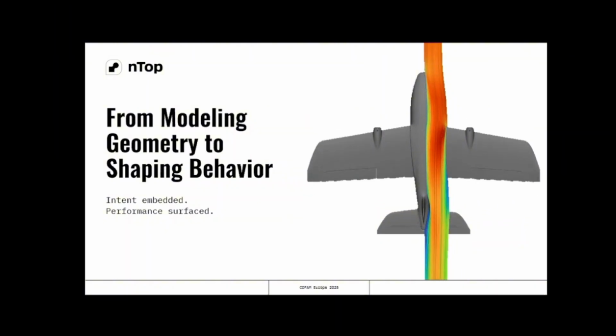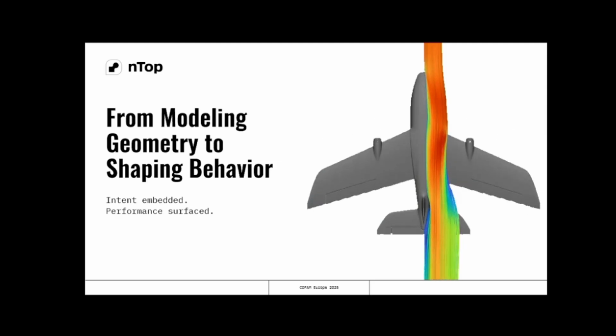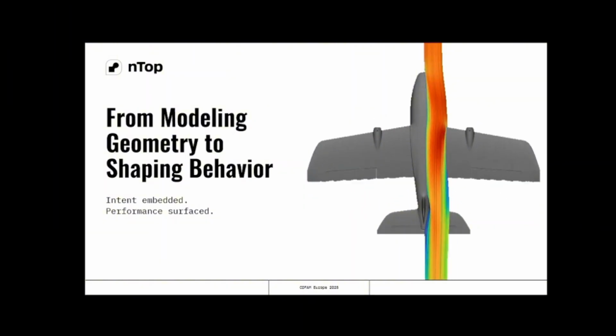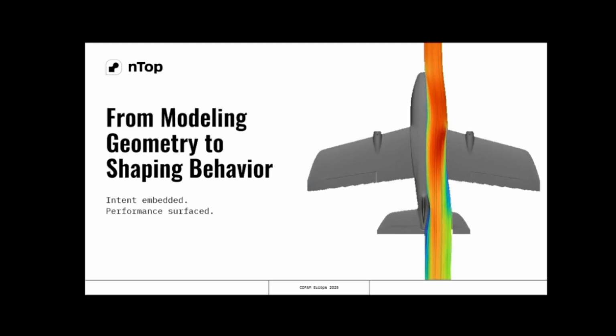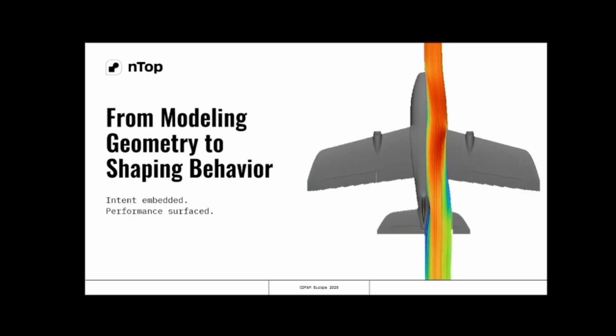And so, whether it's working on the next $1 billion advanced aircraft program or just rethinking a critical component in your system, it's this ambition, I think, that still matters. It's not just designing parts, but you're defining what's possible. And at the end of the day, we built Ntop to help you execute on that and to help you execute on the full extent of your ambition.